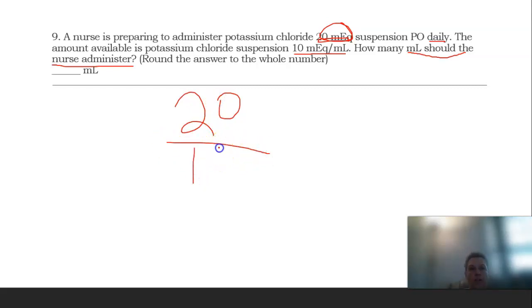I would need 2 10s to equal 20. That's 2 over 1, or 2 milliliters. 10 milliequivalents plus 10 milliequivalents would be 20 milliequivalents. I now know I need 2 mils.